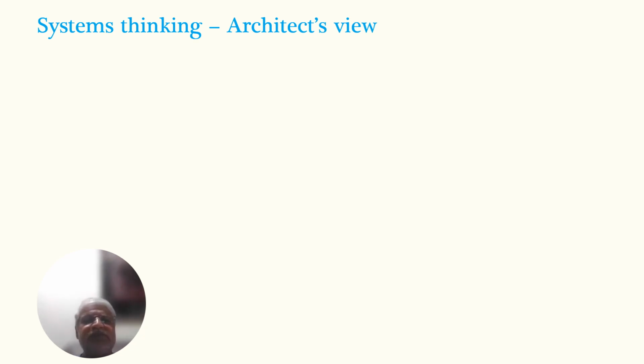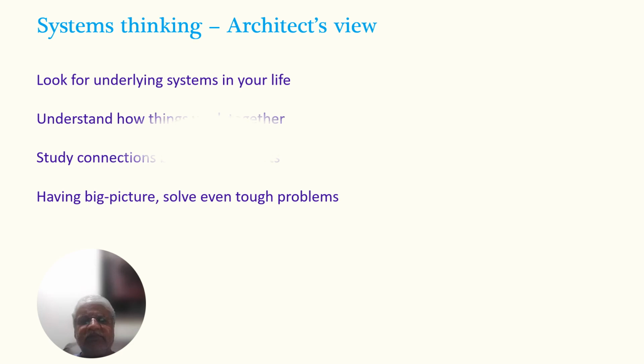Okay, so this process also involves looking at different parts of systems to understand their role in the system as a whole. So let us understand a bit more on systems level thinking. In systems level thinking, look for underlying systems in your life.